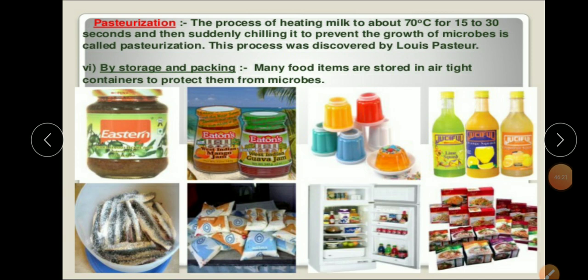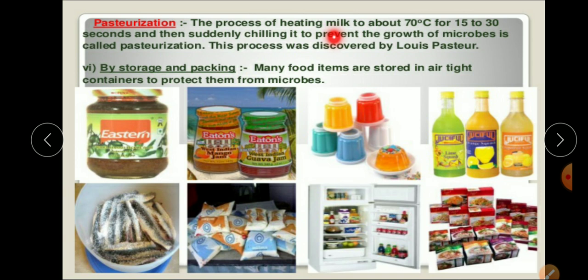Next is pasteurization. Pasteurization means the process of heating milk at about 70 degrees Celsius for 15 to 30 seconds and then suddenly chilling it to prevent the growth of microbes is called pasteurization. Understood?